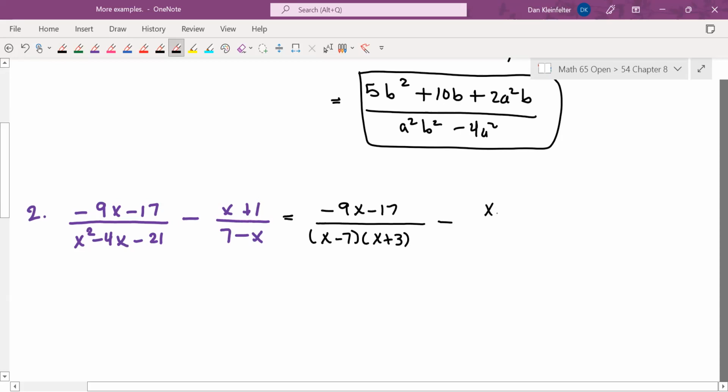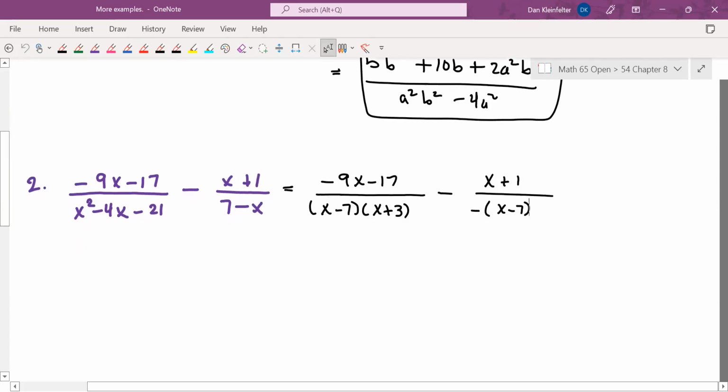So when I write this down, it would be a good idea to factor a negative out of that 7 minus x and call it x minus 7. Okay, so double check for yourself. That is, in fact, the same as the original problem. But we've just made it look more useful by turning 7 minus x into negative x minus 7.